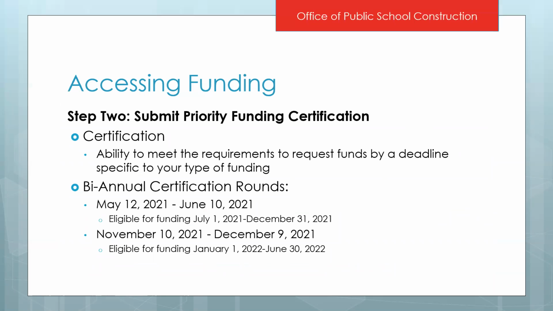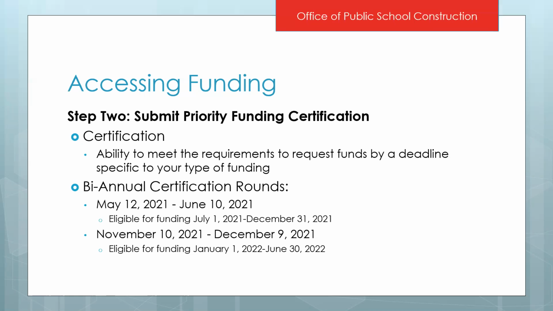So the next step after having an unfunded approval is to submit a certification. The certification is basically the applicant certifying that they will be able to meet the requirements to request the funds by a specific deadline. And those deadlines are specific to your type of funding. We have certification rounds twice a year. They always open the second Wednesday in May and the second Wednesday in November, and then remain open for 30 days.